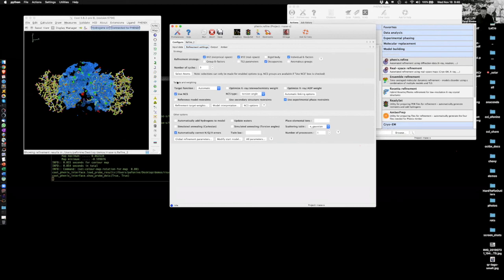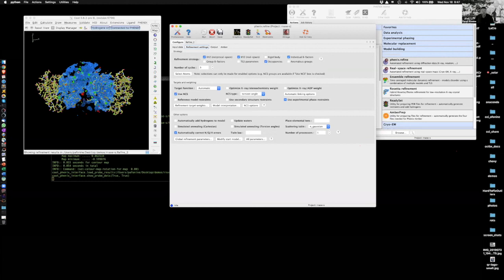Just think about it. You have two chains, but what if they're different? What if there are mutations? What if they're not exactly sequentially identical? Are they still NCS related? Or what if they're sequentially identical, but the coordinates are different, and if you superimpose them, they're not exactly the same?